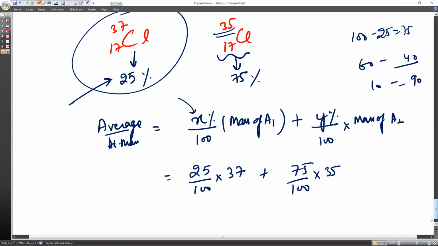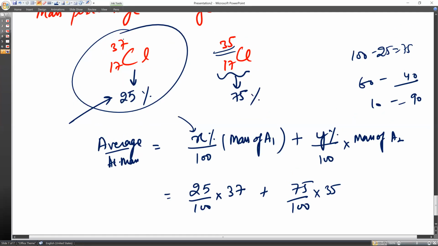I didn't understand, sir. You didn't understand? They are the two isotopes of the element chlorine, and they exist in two different forms, one with mass 37 and the other with mass 35. So we'll take the average mass.